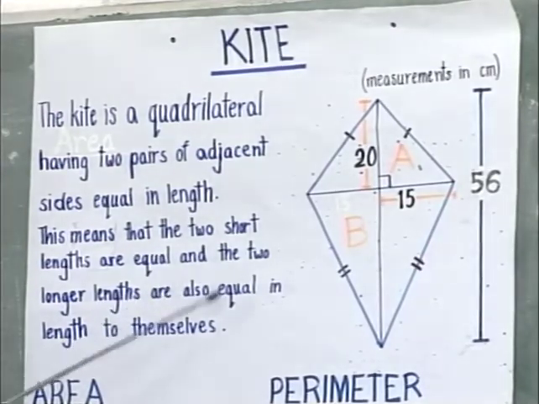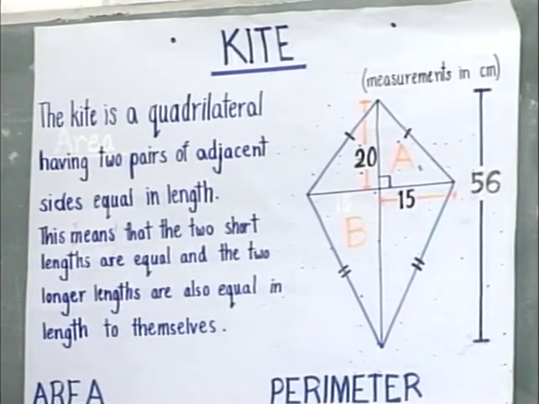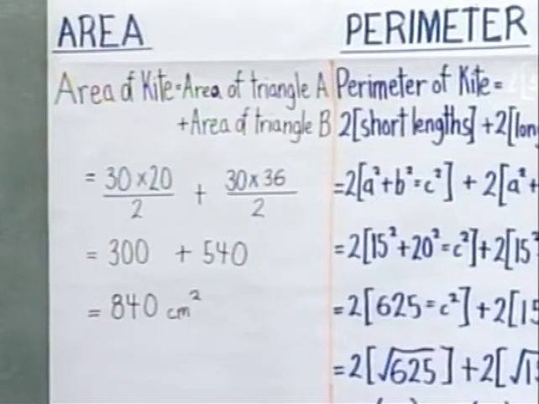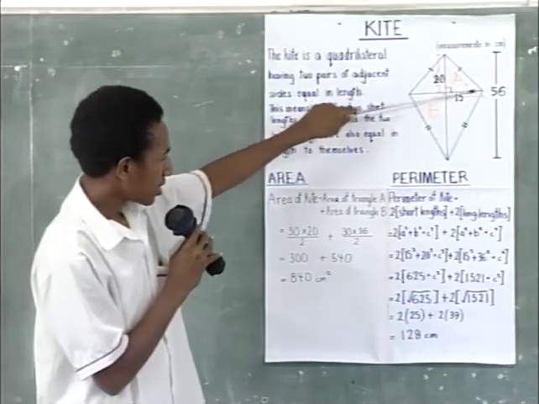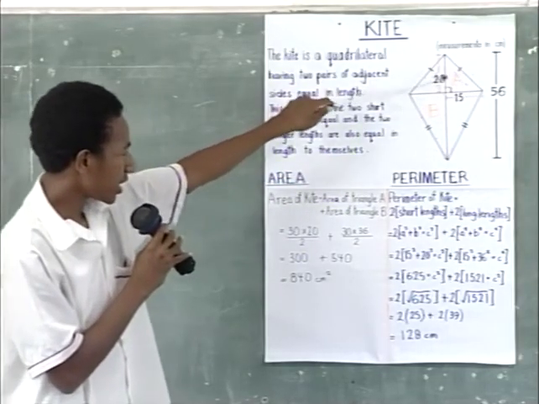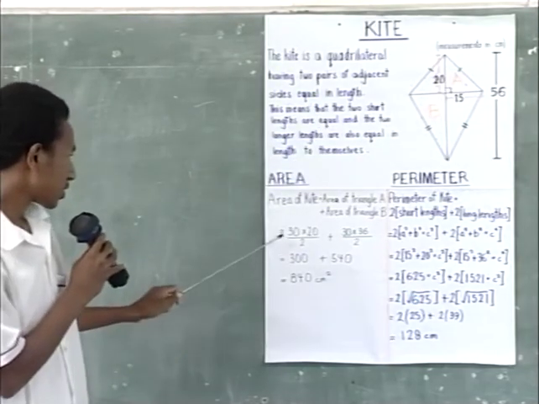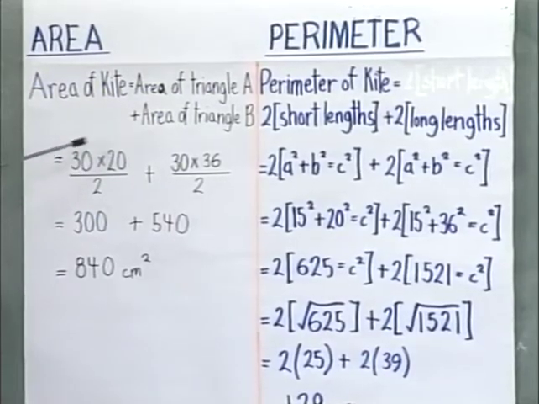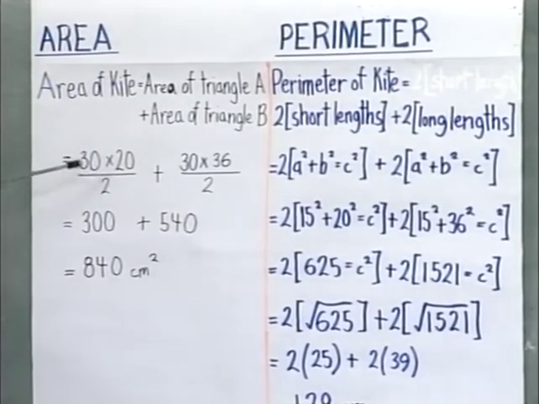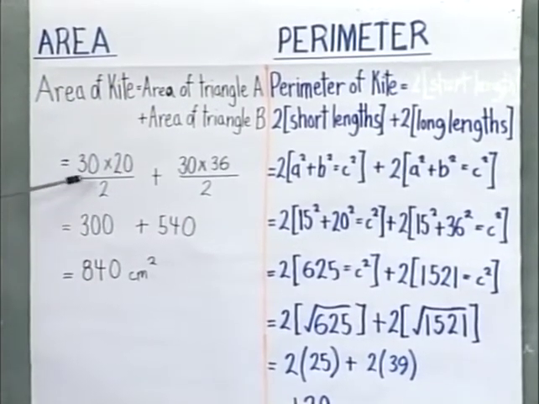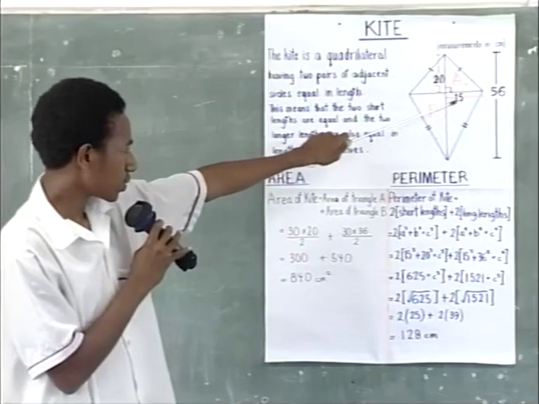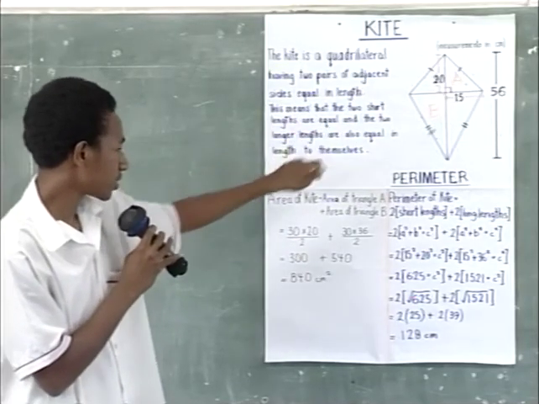So to find the area of a kite, we add the area of triangle A and the area of triangle B. In this case, the top triangle is area A and the bottom half is area B. So we use the formula of a triangle, which is base times height over 2. The base will be 30 because we multiply 15 by 2.